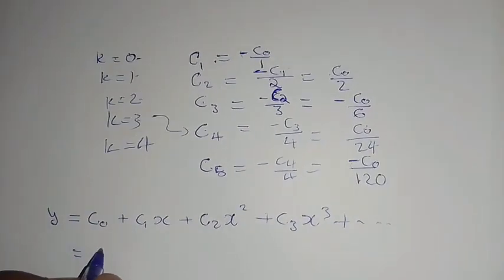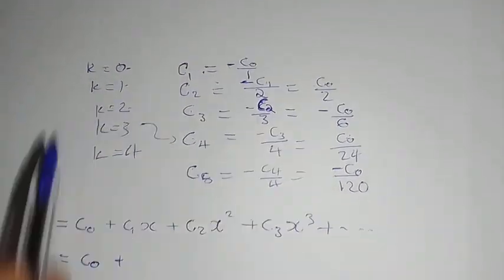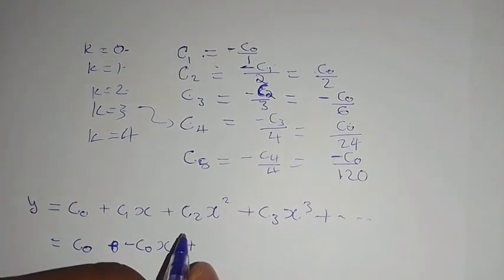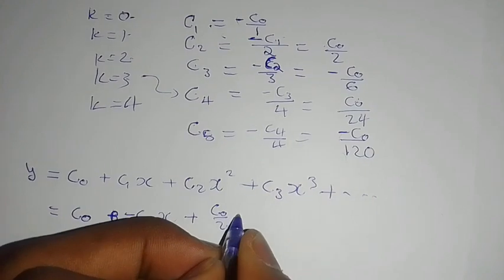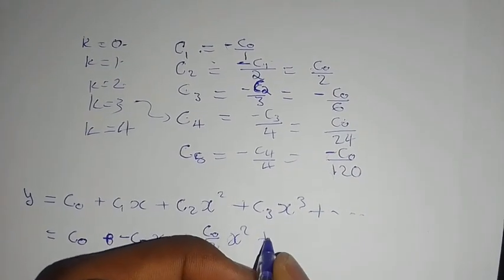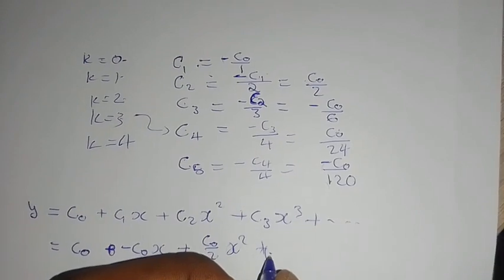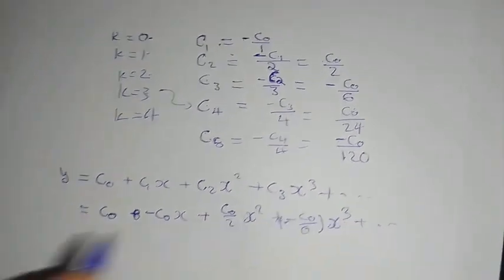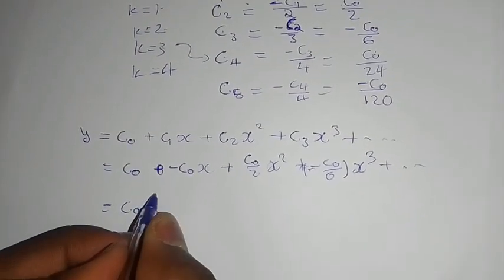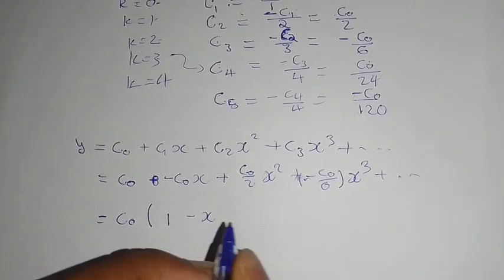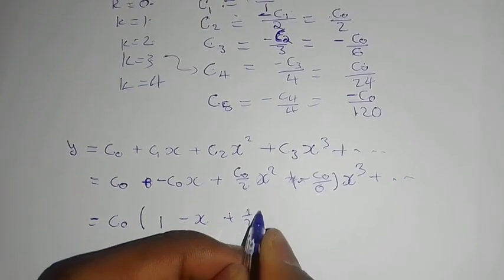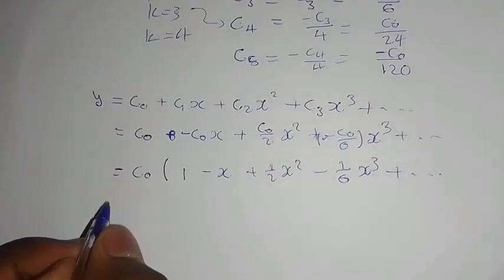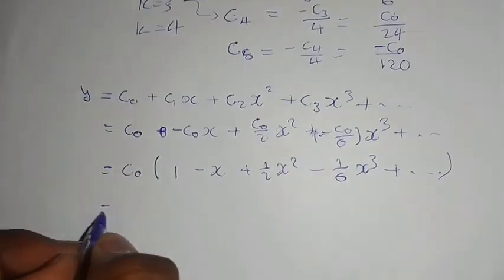So c0, c1 is negative c0, so you have negative c0 x, plus c2 is just c0 over 2 x squared, plus c3 is equal to negative c0 over 6 x cubed, plus you can progress like that. So you can factor out c0. So you have c0 and then you have 1 minus x plus a half x squared minus 1 over 6 x cubed plus progressing like that. So that's our series right there.